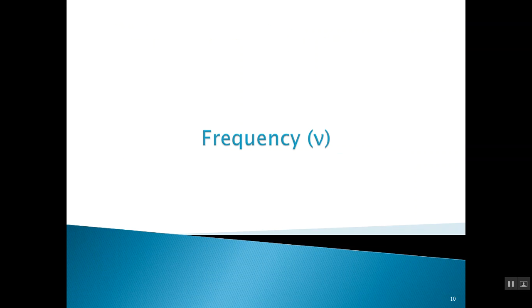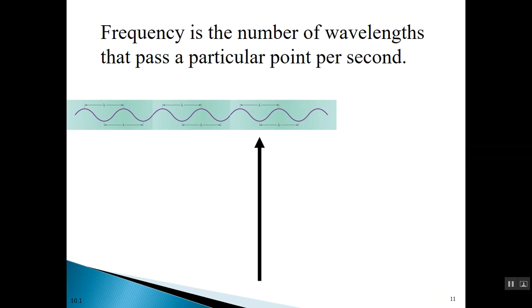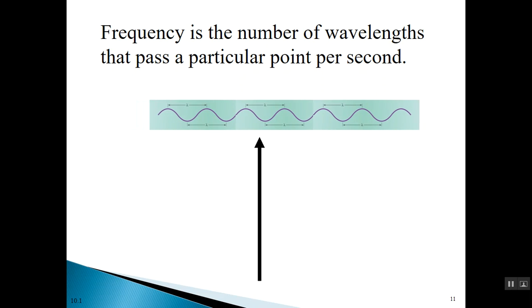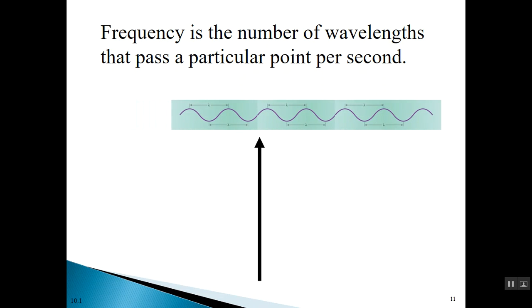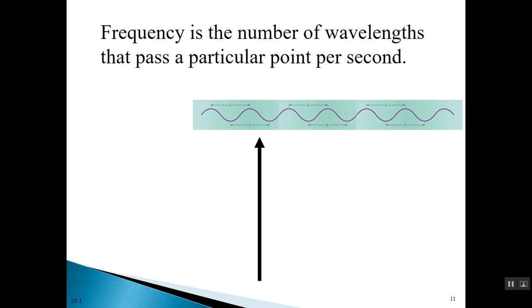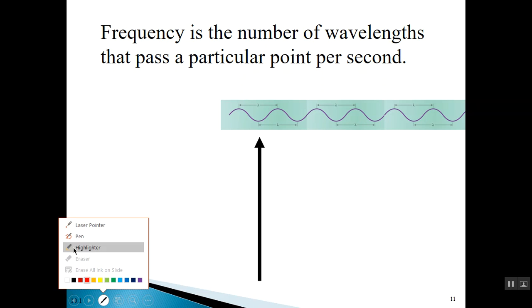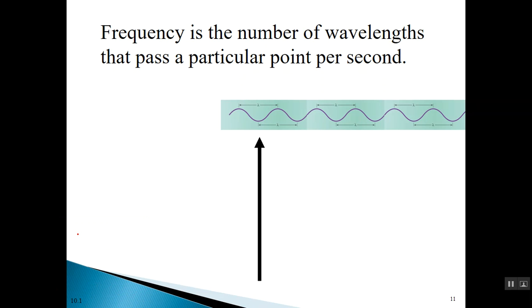Waveforms also have frequency. The frequency, by definition, is the number of wavelengths that pass a particular point per second. If you see a waveform moving and you focus on one point and count how many waves pass that point per second, that's the frequency.